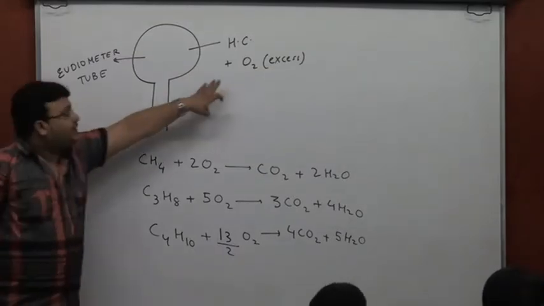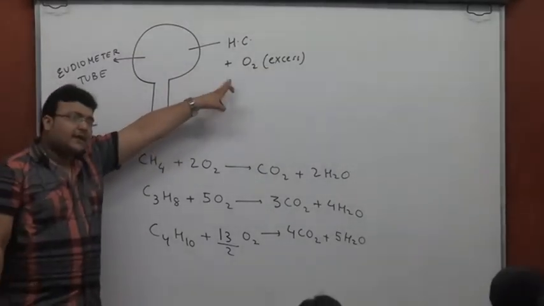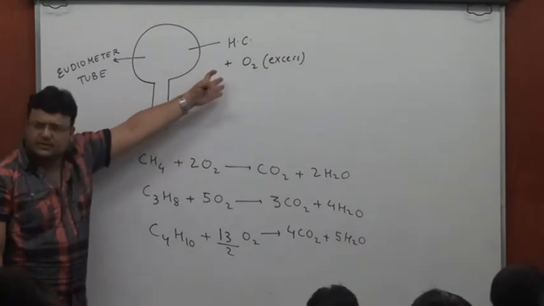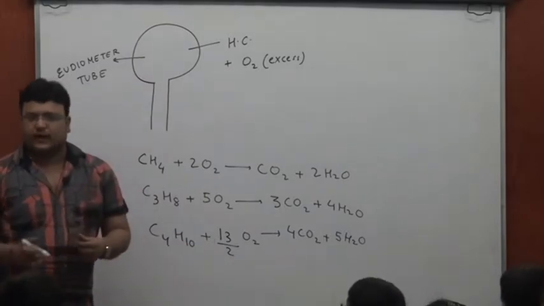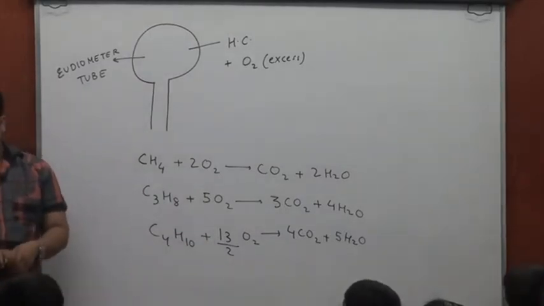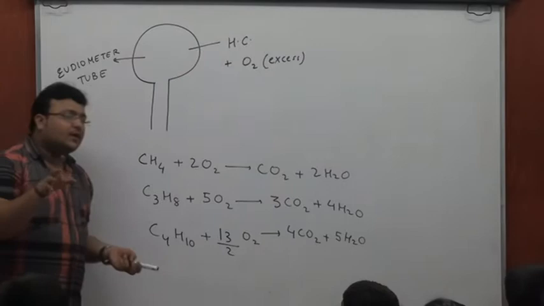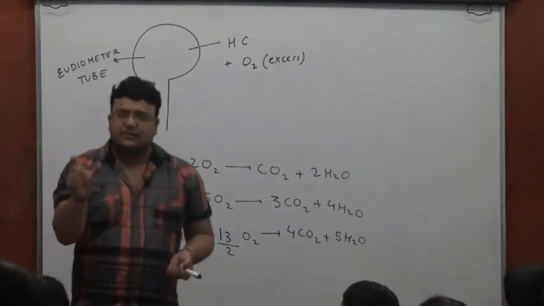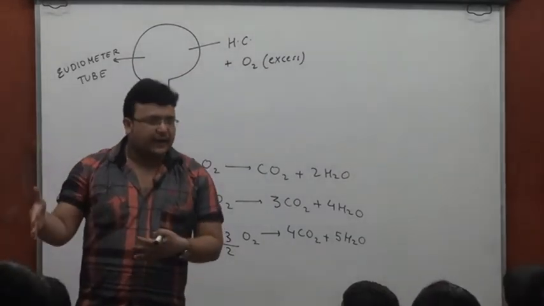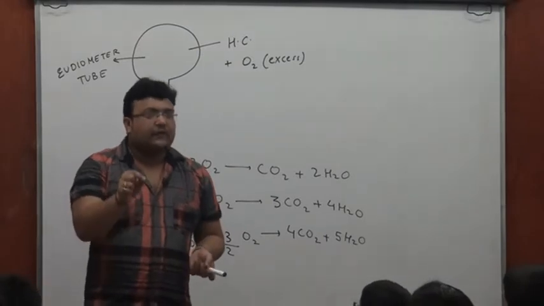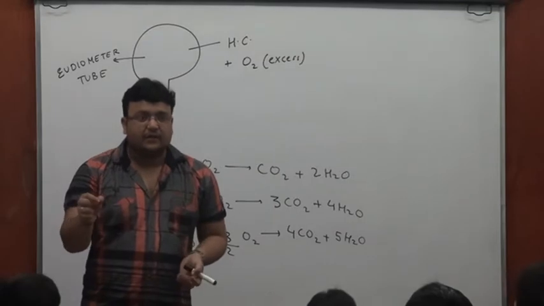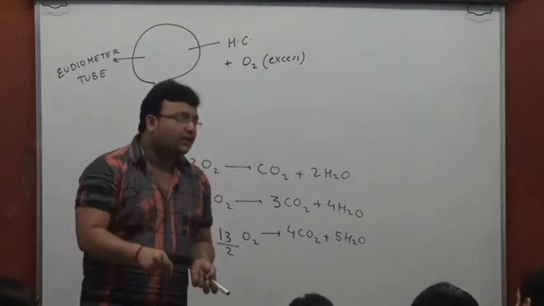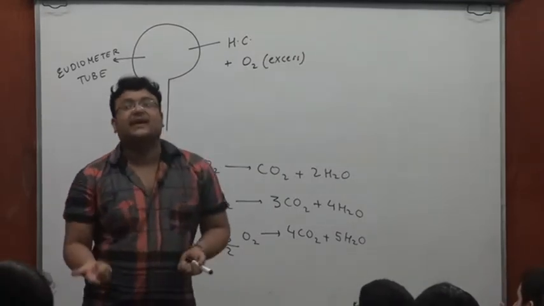Now why excess of oxygen? That's again one way of looking at it: lesser oxygen will mean incomplete oxidation. I don't know if you are aware of this term or not. In the course of a reaction, if any of the reactants falls short, then that reactant is called the limiting reagent.